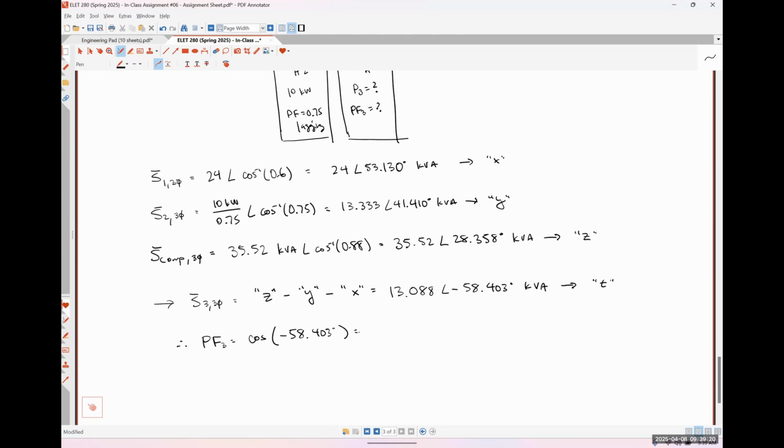So that would be the cosine of the polar angle of what I have stored in my calculator as T. And so I got 0.5239, so 0.524. Is this leading or lagging? Leading because it's negative.